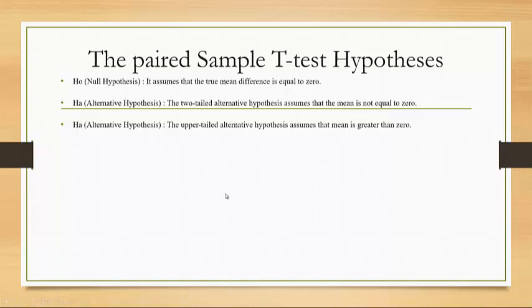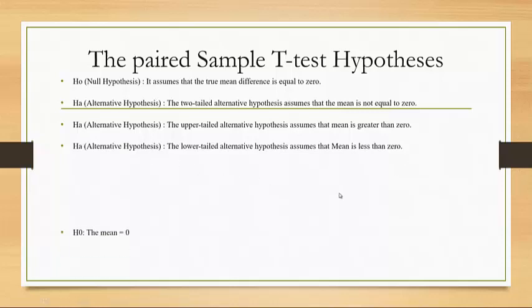And if I am checking that the upper-tailed alternative hypothesis assumes the mean is greater than 0, then I will have to write greater than 0. Similarly, if the lower-tailed alternative hypothesis assumes the mean is less than 0, then I will use this alternative hypothesis.